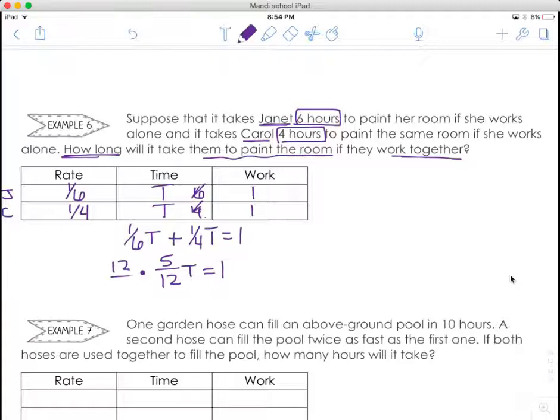Take both sides times the reciprocal, and that cancels. So t equals 12 over 5. Or we can put that as a decimal, 2.4 hours.